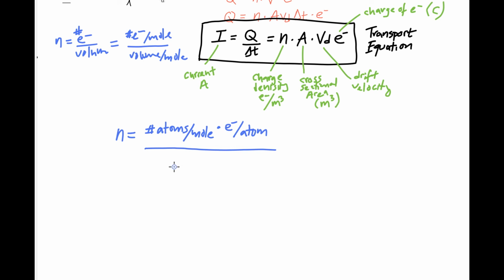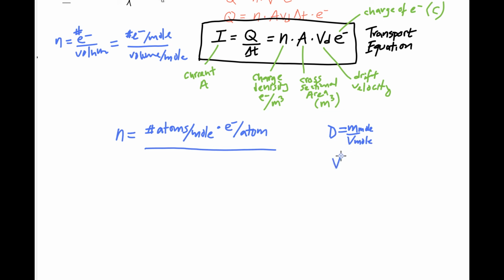And what would be here? What about this volume per mole? Well, our volume per mole, let's go off to the side here for a minute. We know that density equals mass divided by volume. So if I had the mass of a mole and the volume of a mole, then I could have the density.